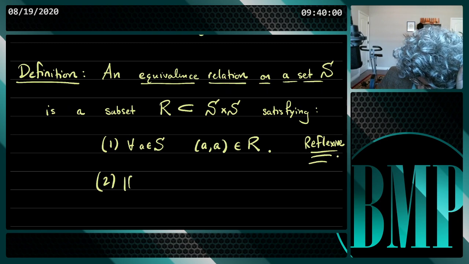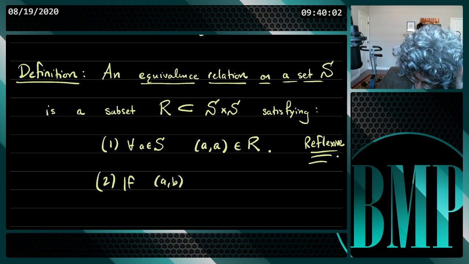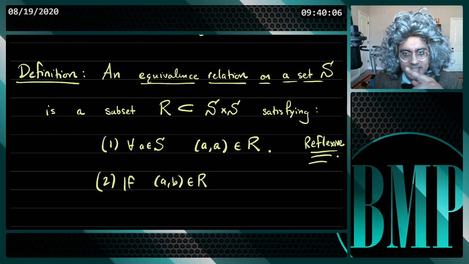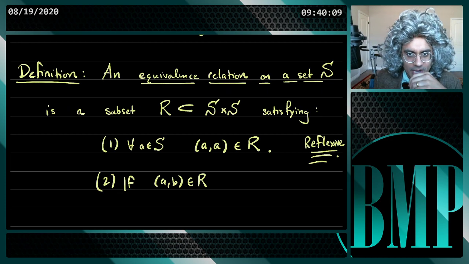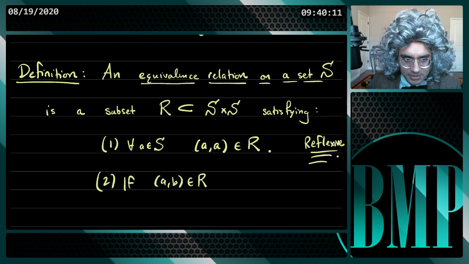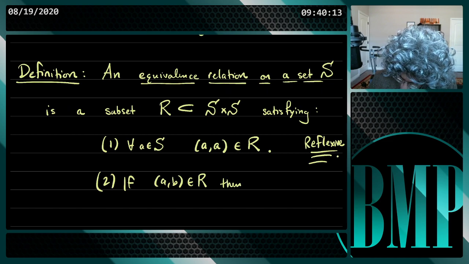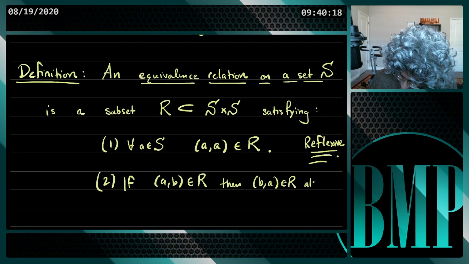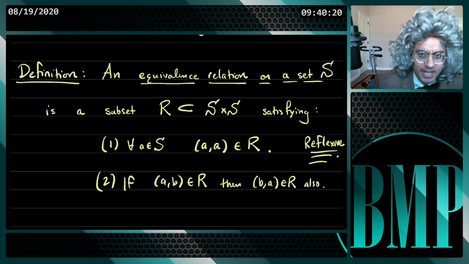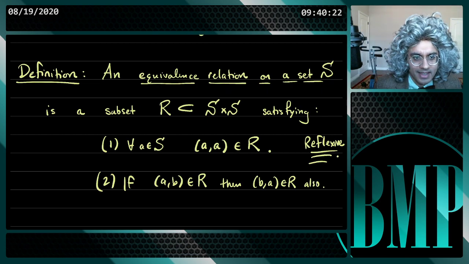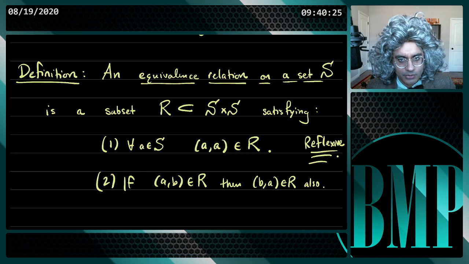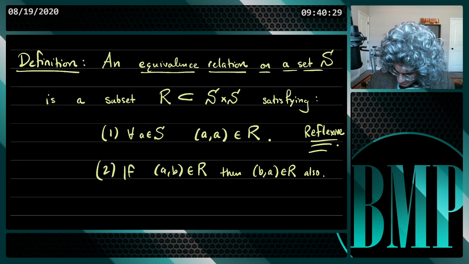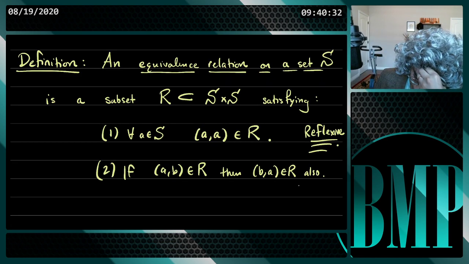If A comma B is related, if A is related to B, if A comma B is in this distinguished subset, then so is B comma A. Okay. Whenever A comma B is in R, then so is B comma A. This is called symmetric.